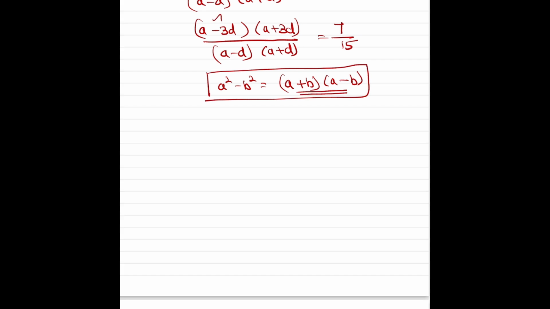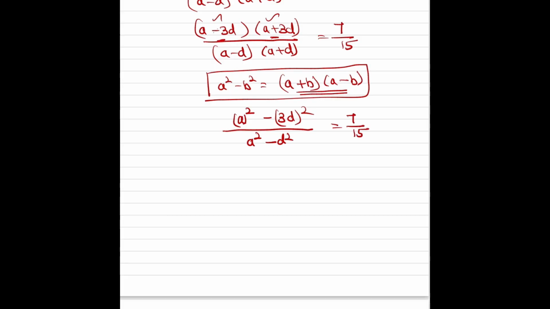See this? These both are similar. So I am going to write A square, that is A the whole square, minus 3D the whole square, because the same thing is repeated twice, this and this. By the same, in the denominator, A square minus D square equal to 7 by 15.